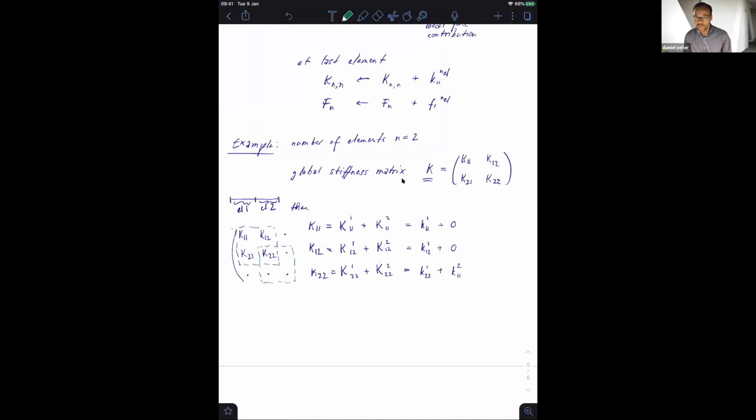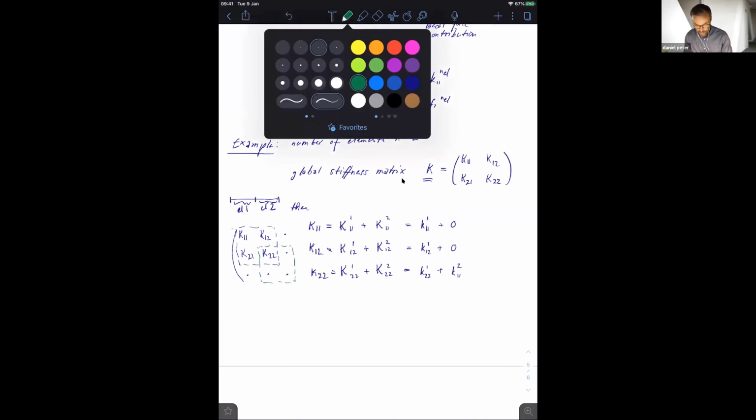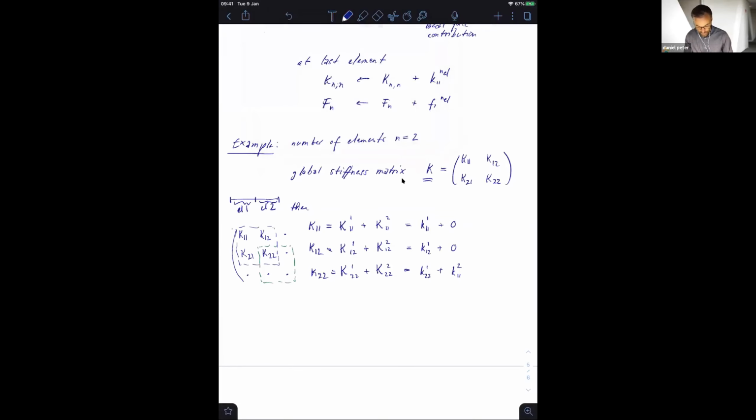But because we have this boundary condition imposed, it makes it 0 for the K33 for this last nodal point.